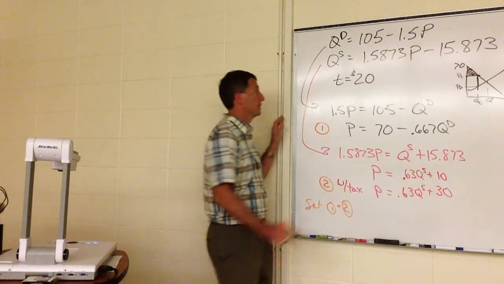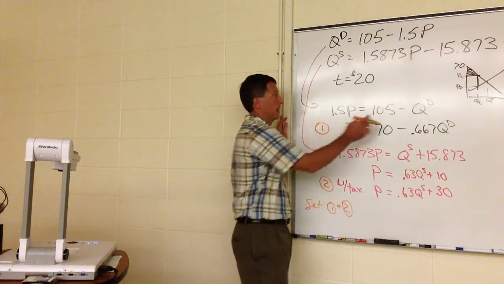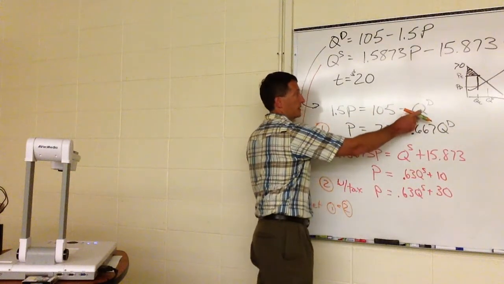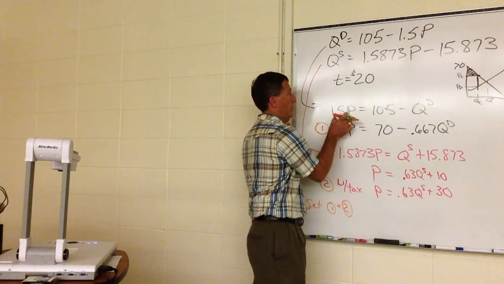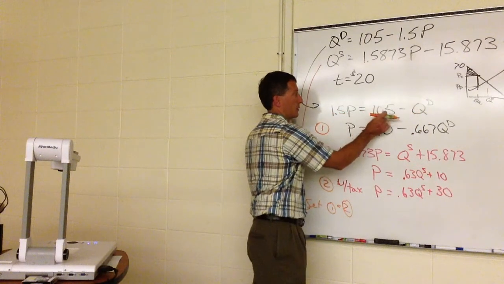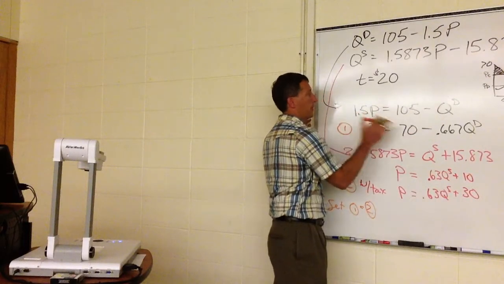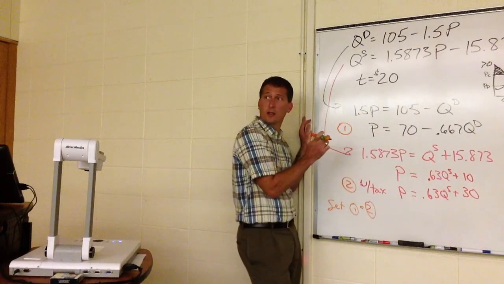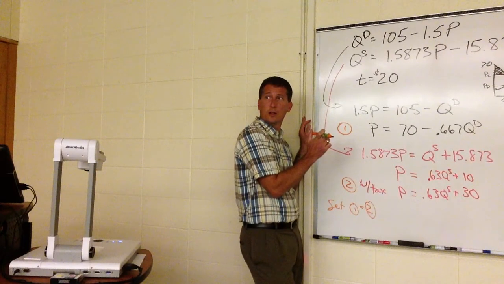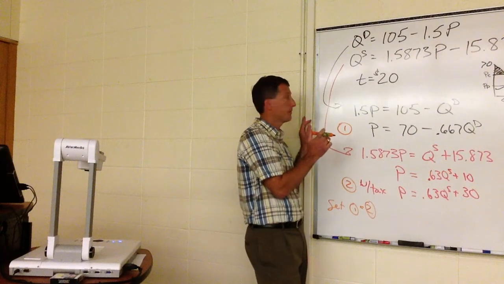You can. You could set quantity equal to 0 up here, and then 1.5 P equals 105. 105 divided by 1.5 equals 70. Or you can look at the inverse and just take the intercept. The intercept, yep. Gotcha, okay.